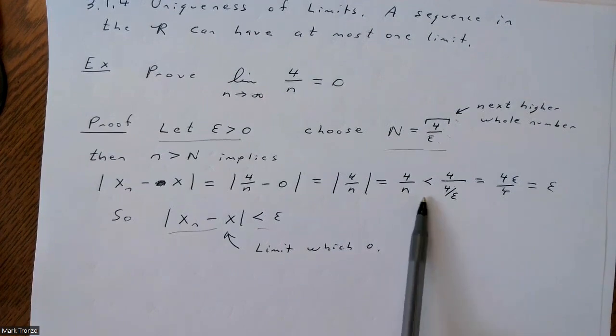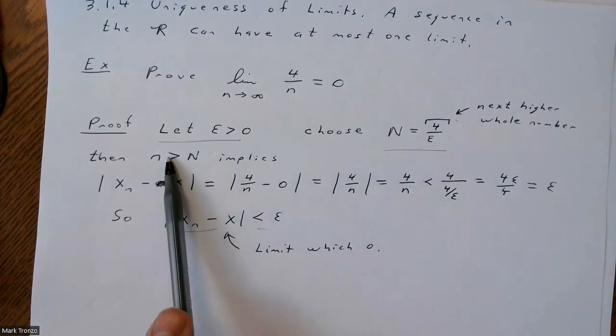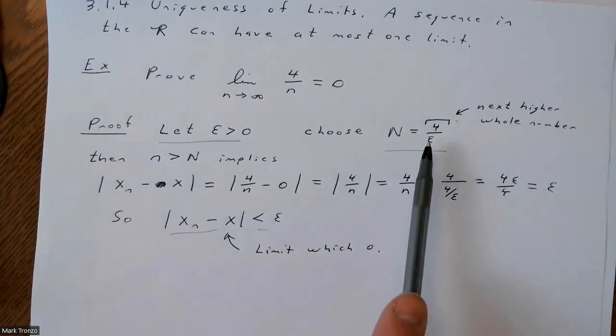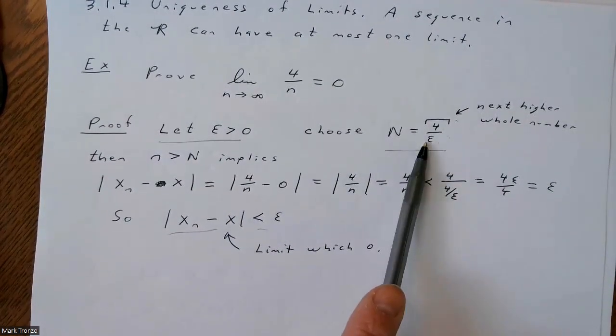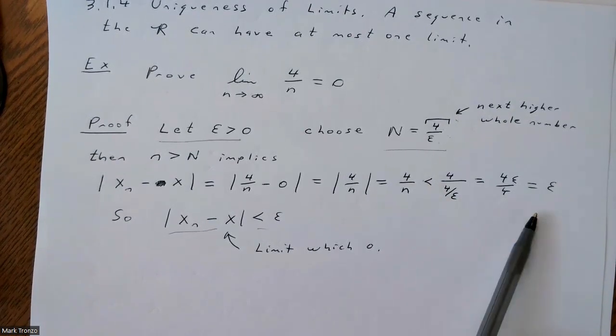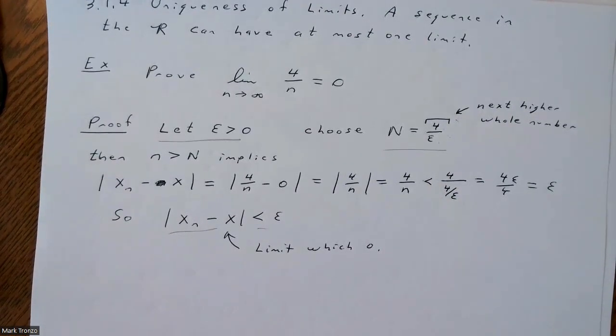And of course, this step right here, since small n is greater than capital N, and capital N was this, if we put it in the denominator, of course, it becomes less than that. We get that. Any questions?